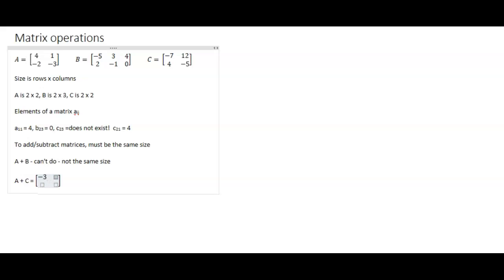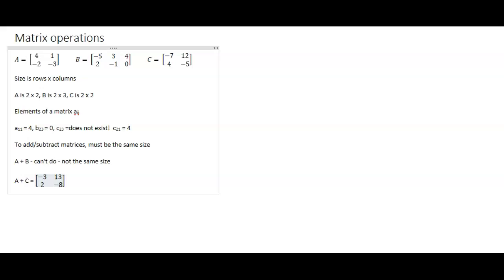Now we move to the 1-2 entry, 1 plus 12. Sorry, I said 2-1 earlier, but that was the 1-2 entry. 1 plus 12. Here's the 2-1. Negative 2 plus 4 is positive 2. And the 2-2 entry, negative 3 plus negative 5 is negative 8.